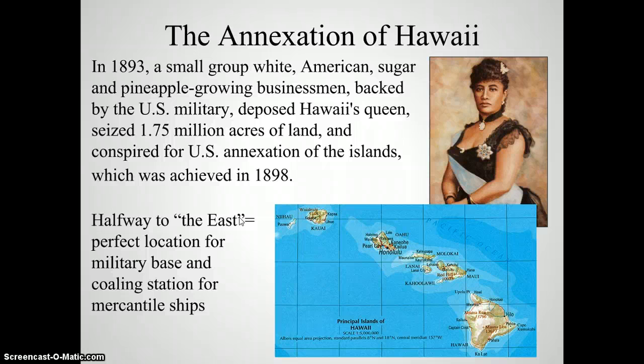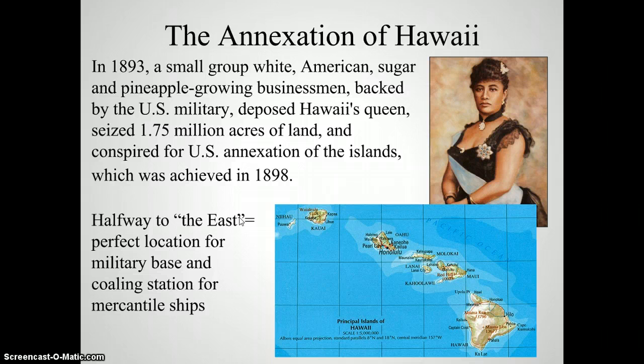She is loved by her people, and she is working very hard to make sure that the American plantation owners that are there are treating the native Hawaiians correctly as they're working on their plantations. It's very hard work. If you think about what you know about cotton plantations in the South, very similar conditions. It's not actually slavery, but it's very close.